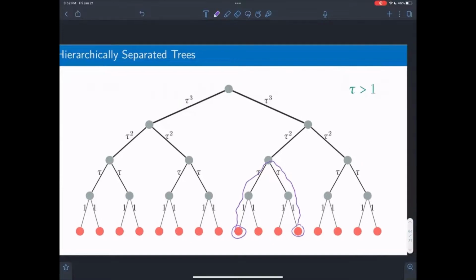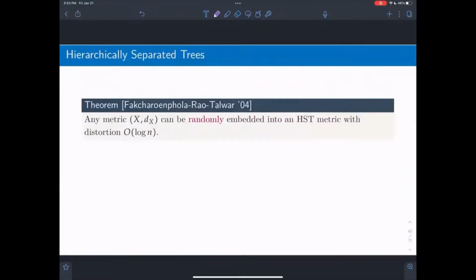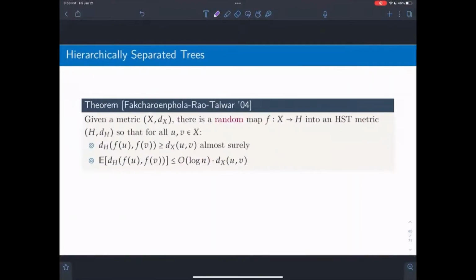And the interesting fact about HSTs is that they can approximate any metric up to a factor of log-n. So what does that mean? It means that we can randomly embed any given metric into an HST so that the distances do not go down at all. And in expectation, they only go up by a factor of log-n.